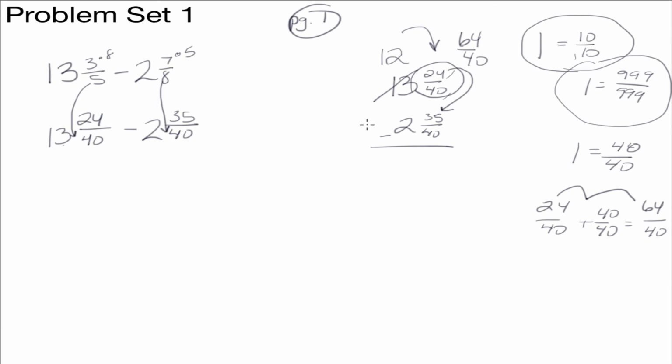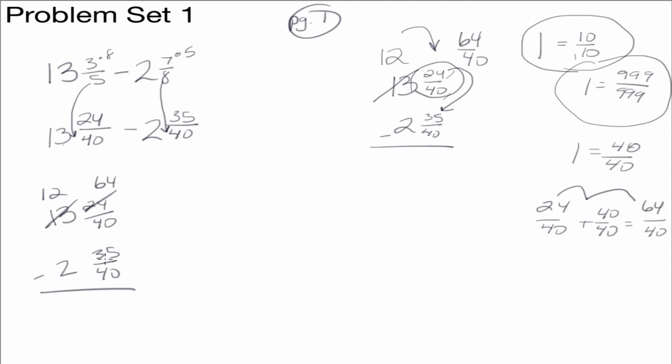So let me rewrite all this down here without the arrows and such. We originally had 13 and 24 over 40 minus 2 and 35 over 40. We obviously can't subtract there because 24 is smaller than 35. So we cross this out. We make this 12. We cross this out and make it 64.